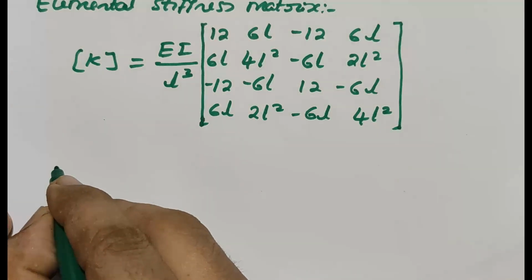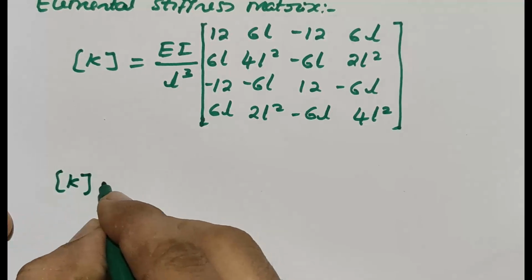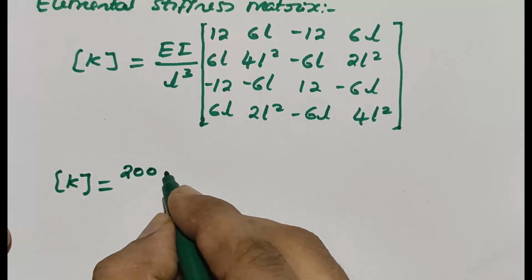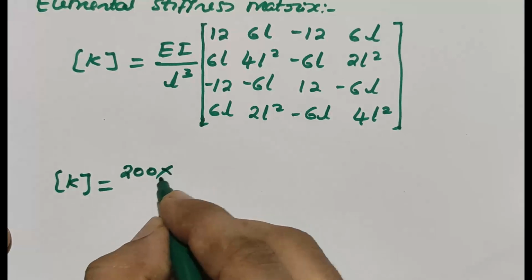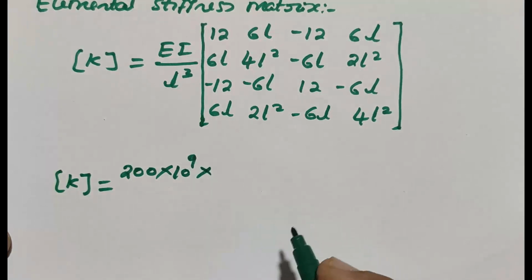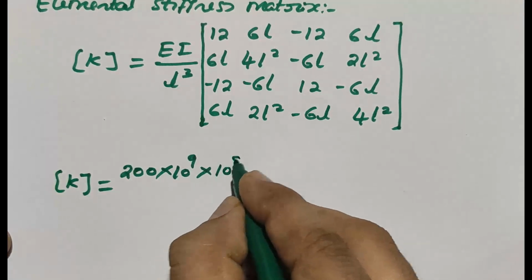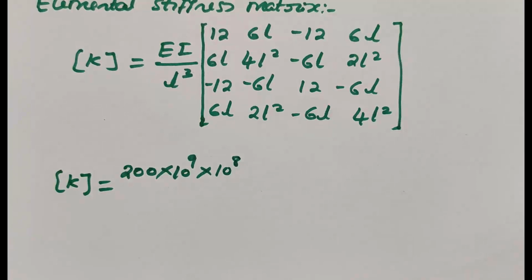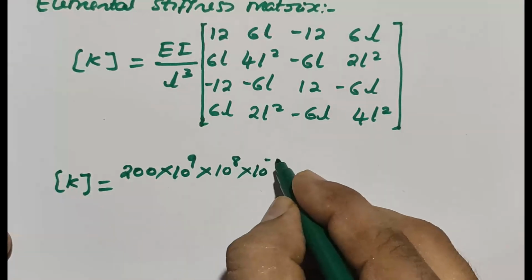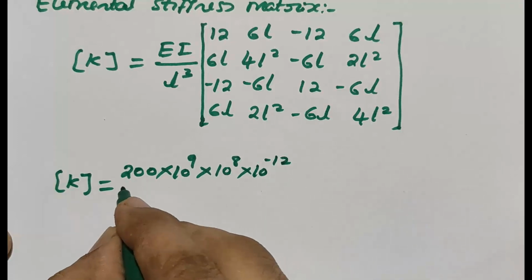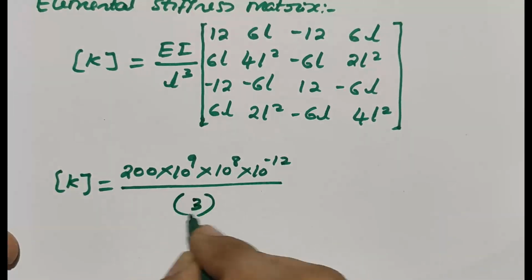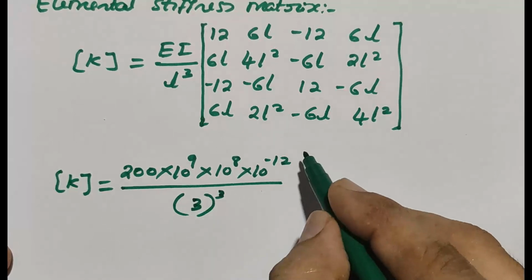Okay, K is: Young's modulus is 200 gigapascal, which means 200 into 10 power 9 Newton per meter square. I is 10 power 8 mm to the power of 4. If you convert it into meter to the power of 4, it will be 10 power minus 12. Divided by length, which is 3 meter, 3 cube.